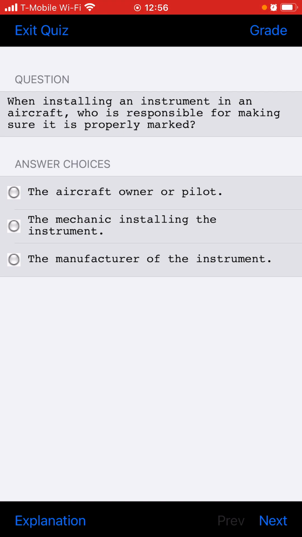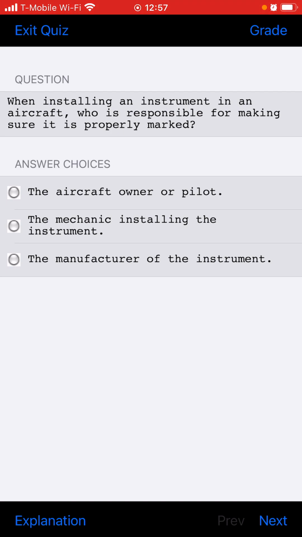Steering signals may be transmitted mechanically, electrically, or hydraulically.